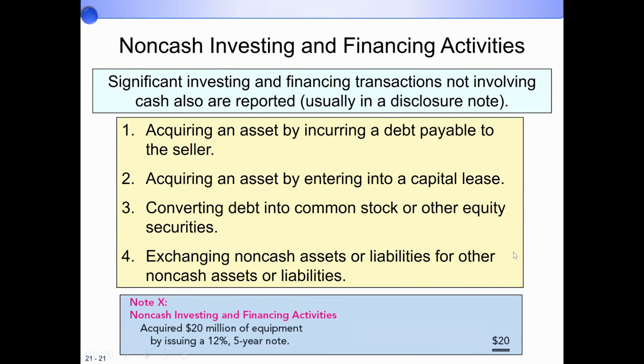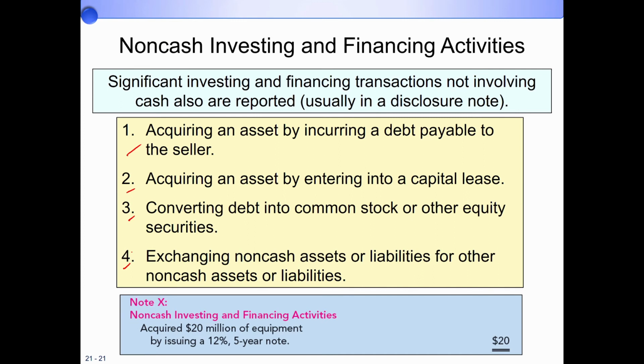Then we have this, like an attachment. You need to write notes. If these numbers are very significant, you write notes to the cash flow statement because those are non-cash activities. We have a couple of examples, 1, 2, 3, 4.